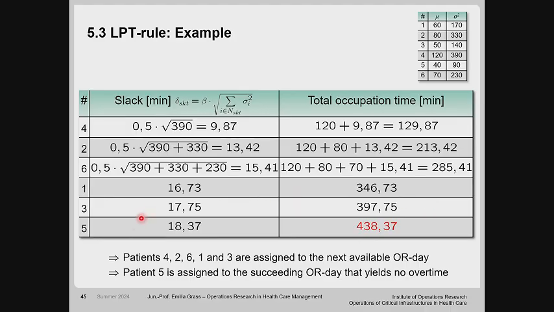Because as before, we still assign 5 patients to this operating day, and the 6th patient we assign to another operating day. But compared to the FFD rule, the basic heuristic, is it the better one? We couldn't assign more patients. So that is similar to the basic heuristic.